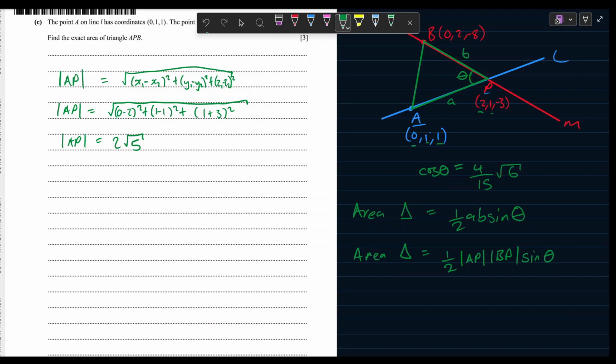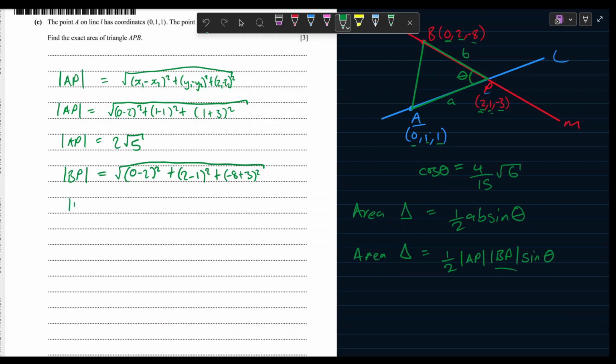And then we also need to find the magnitude of BP. So the magnitude of BP is equal to, again, we're using the same formula. So we want the change in our x. So 0 minus 2 squared plus, we've got 2 minus 1 squared plus, we've got negative 8, negative 3, so negative 8 plus 3 squared.